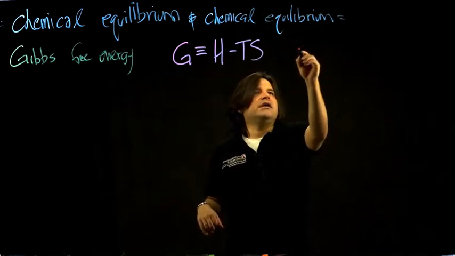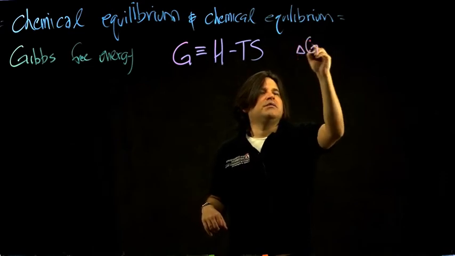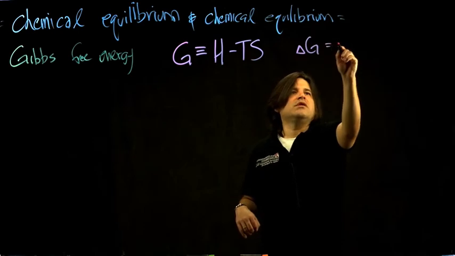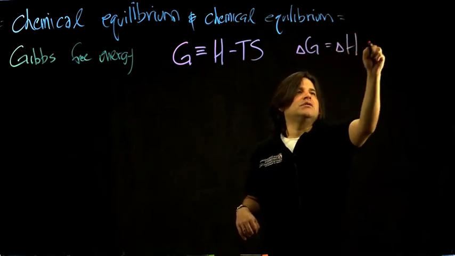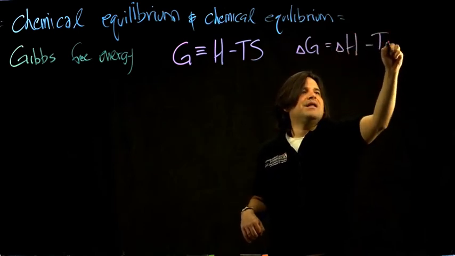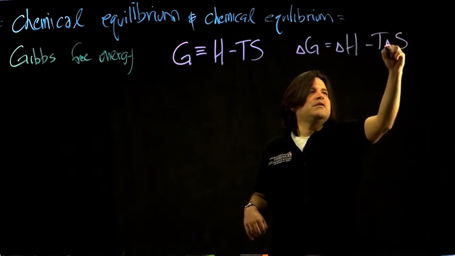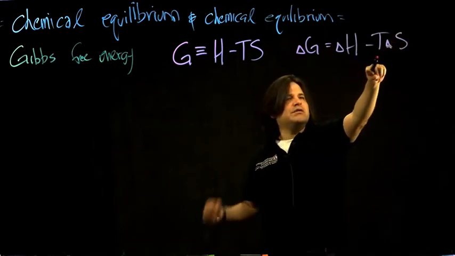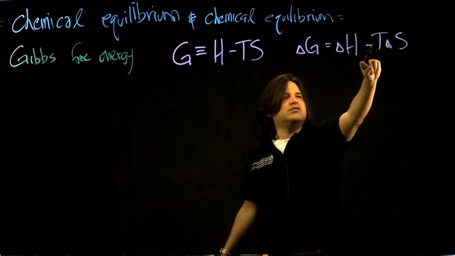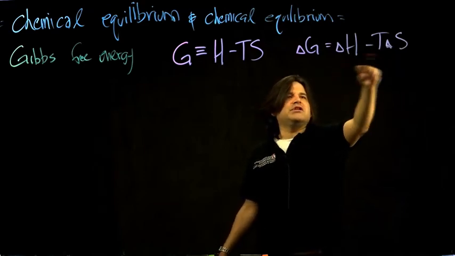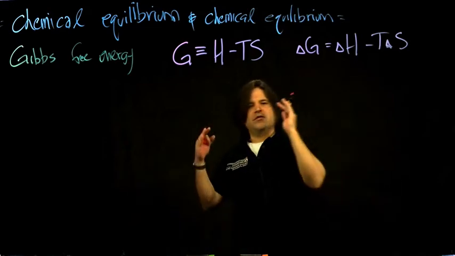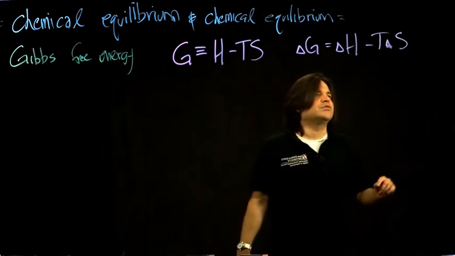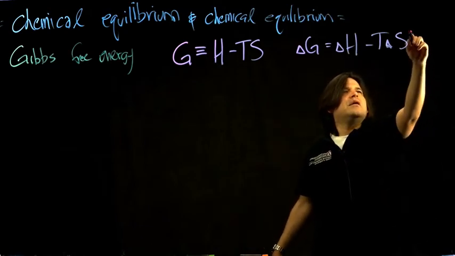And then if you were to take the change in Gibbs free energy for a process like a chemical reaction, you can relate that to enthalpy and entropy. Most of the time you analyze this at a constant temperature, so you would have this T, there's no change in temperature, but there's a change in enthalpy from the beginning state to the other state.